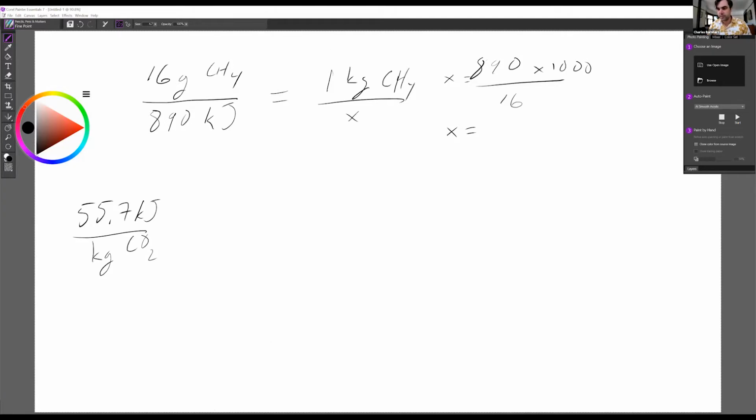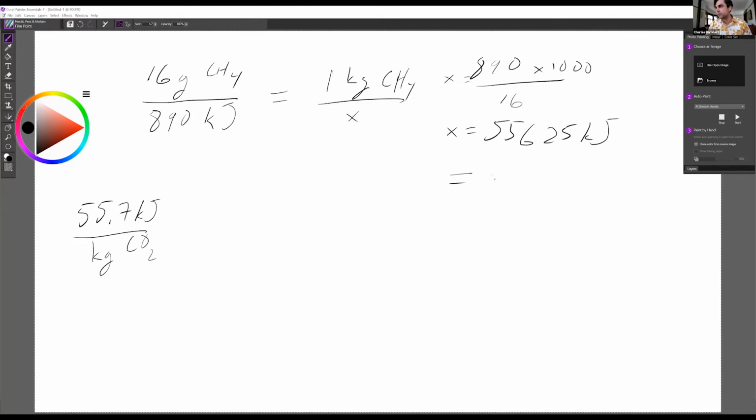I gotta open a calculator. 890,000 divided by 16. So X equals 55,625 kilojoules. Oh, well, there it is.